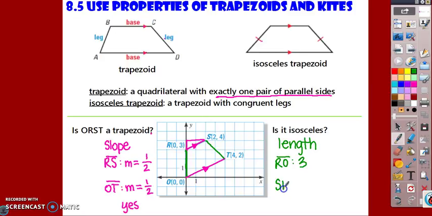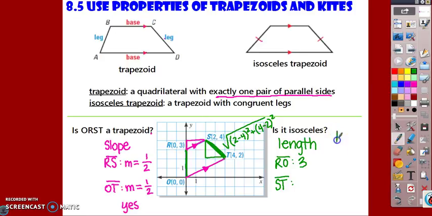And for ST, it's slanty, so we can't just count. We could do a distance formula where we take x minus x and square, and y minus y and square. Or you could just look at this as the hypotenuse of a 2 by 2 triangle.